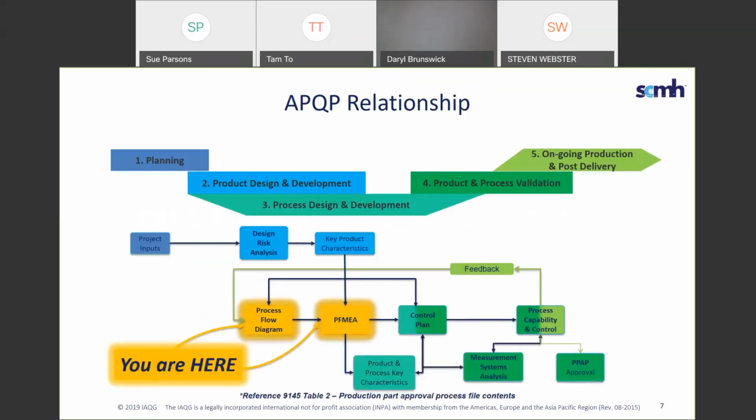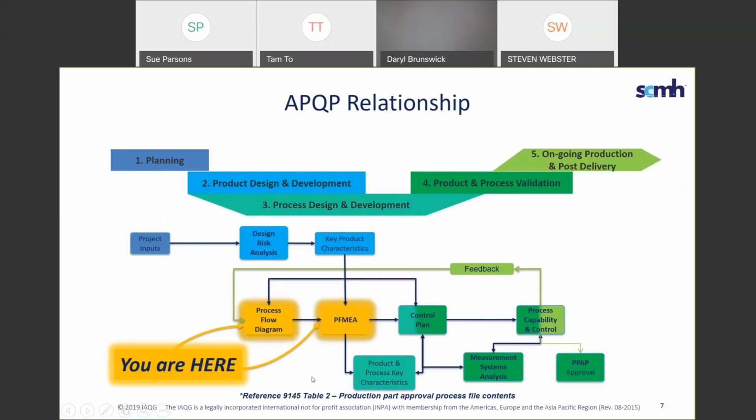All right. Here is the You Are Here chart. It's a simple, non-comprehensive chart that shows you the APQP deliverables in respect to the 5 phases of APQP. Today, we're talking about the process flow and the PFMEA, which are part of phase 3, process design and development.